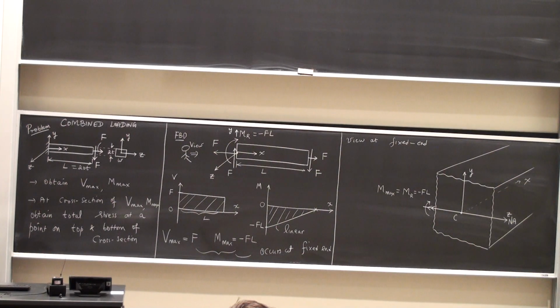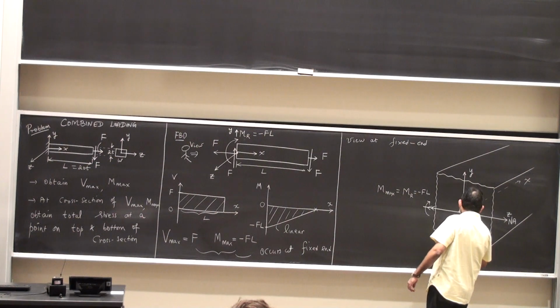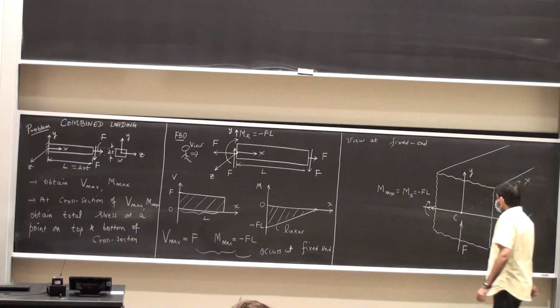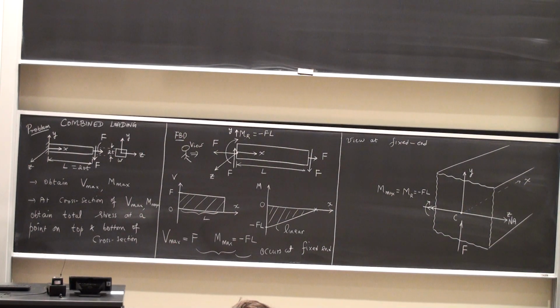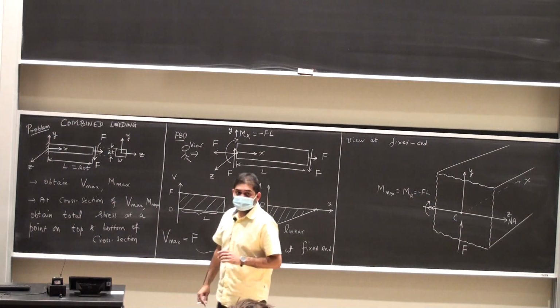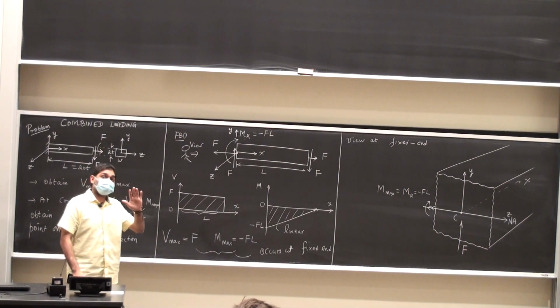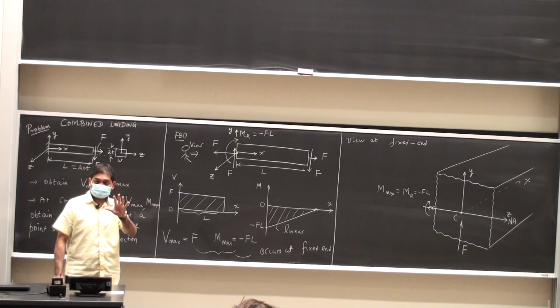What other forces do I have? I'm going to have a shear force which is pointing vertically up. So I'm just going to draw it here. This is my shear force. Any other force that I see on the cross section? I see a normal force that is coming out of the face. Don't forget that, because normal forces cause an average normal stress.